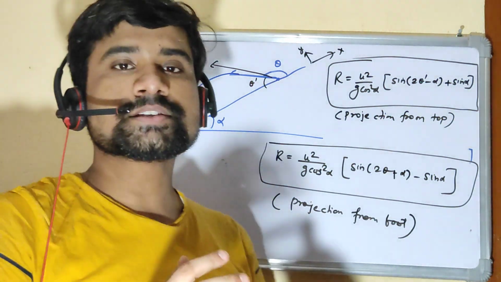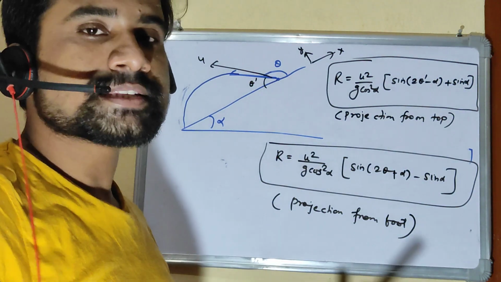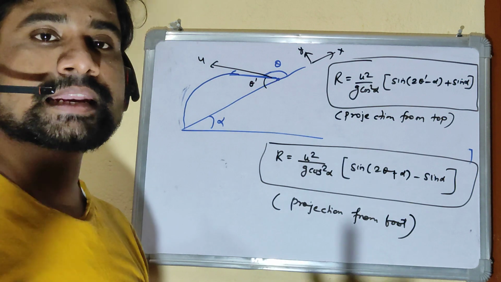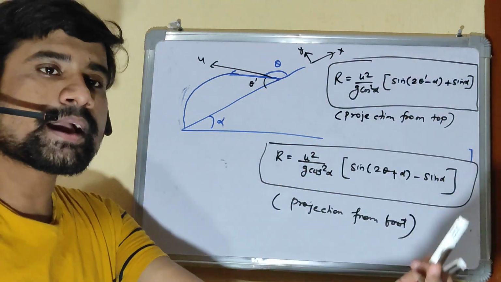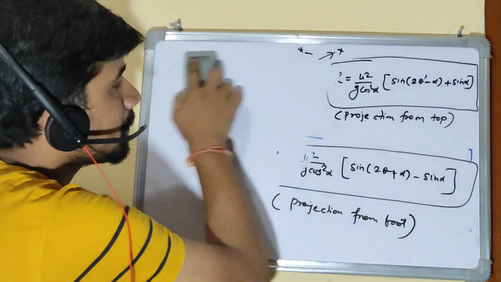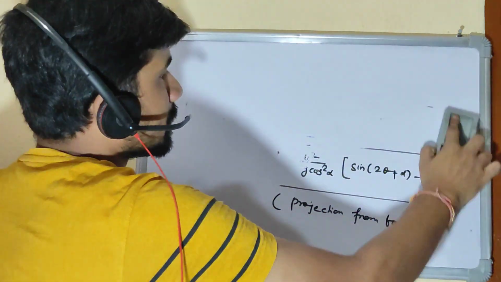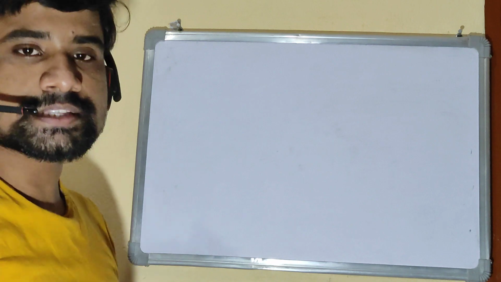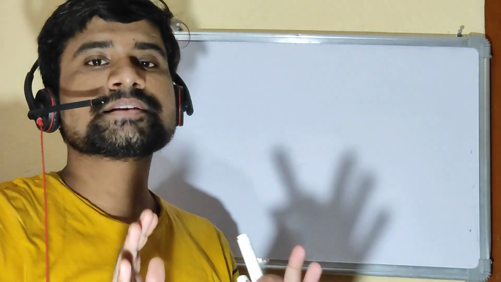So this was a case of inclined projection, right? So we discussed the normal projectile motion, we discussed the horizontal projection, we discussed the inclined projection as well. Let's go back to the normal projectile motion we discussed and find the equation of trajectory, right? So we already have found out the equation of trajectory, and we know that the motion of a projectile is parabolic.